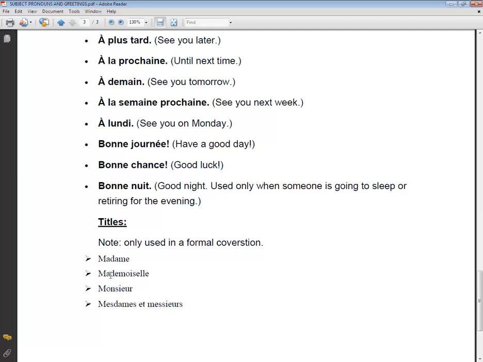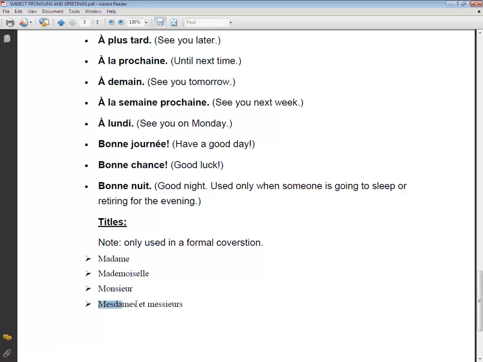Mademoiselle. You know, this word comes from the word ma. You see, it's mad, so this is silent. So you say mad, not mad with the sound. It is mademoiselle. Very good. Then we say monsieur. No, R is silent. So you say monsieur.